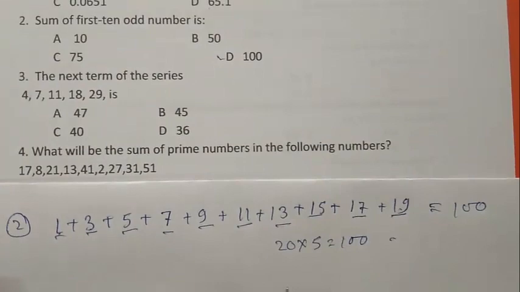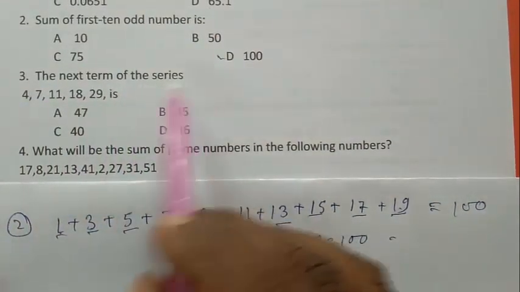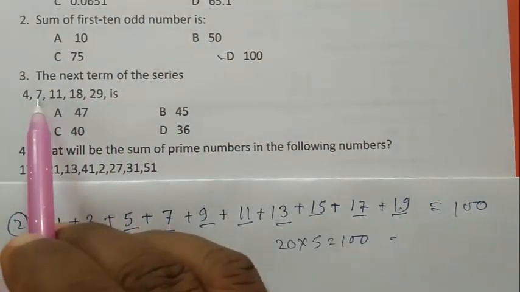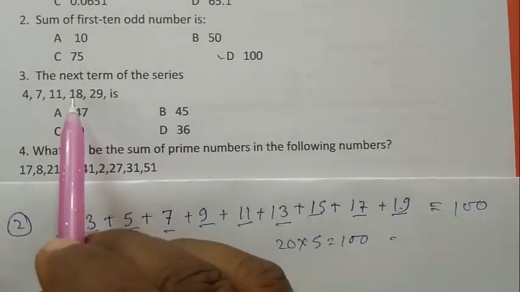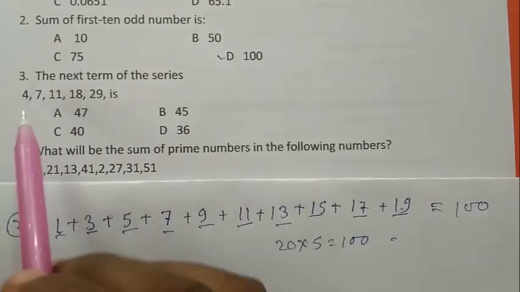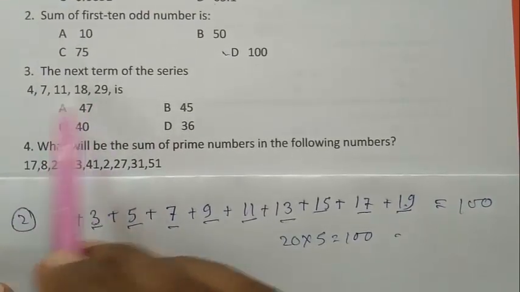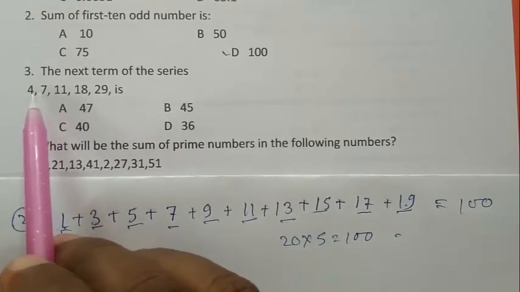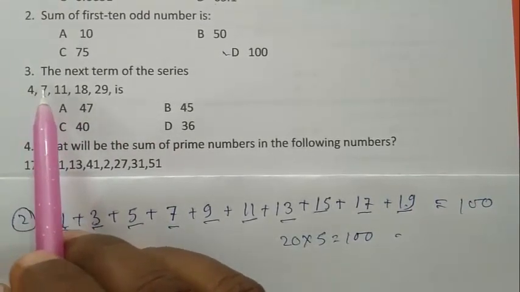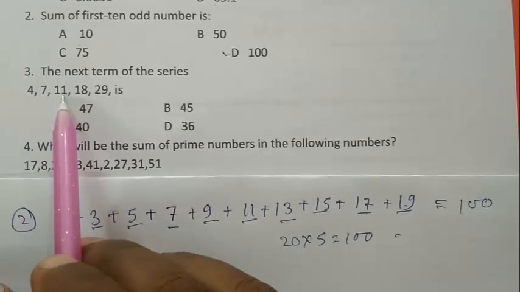Question number 3. The next term of the series 4, 7, 11, 18, 29. First we closely watch this series. We get that first we add 3. After that we add these two numbers, we get the third.